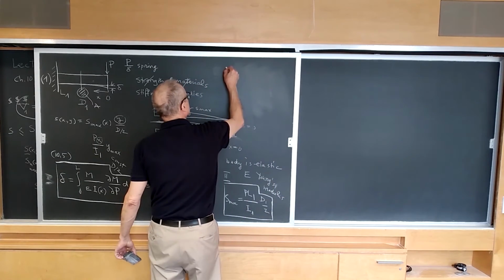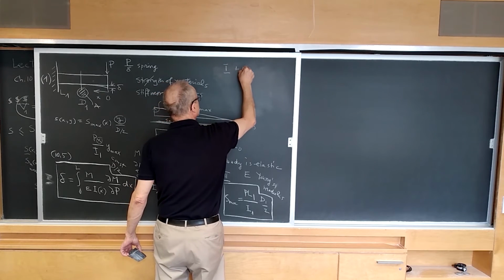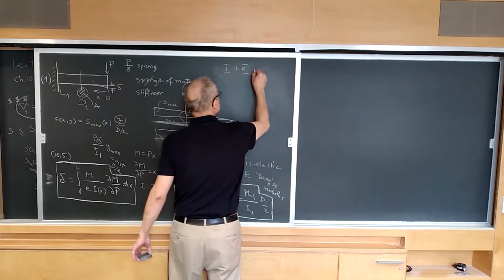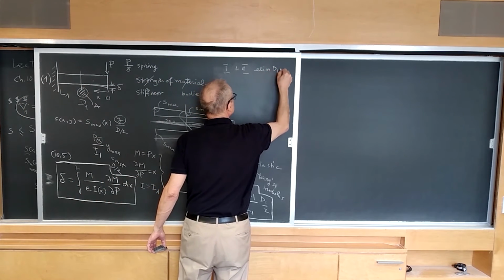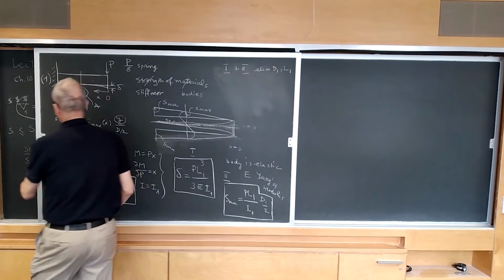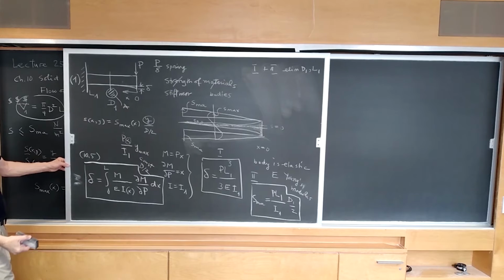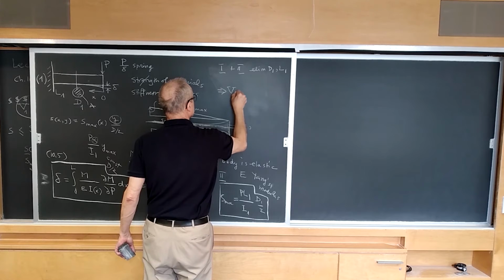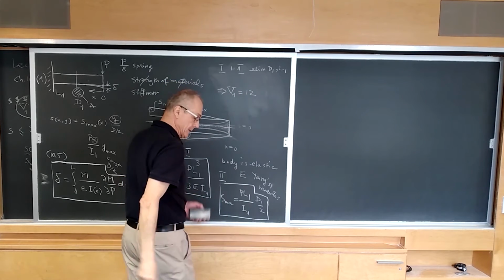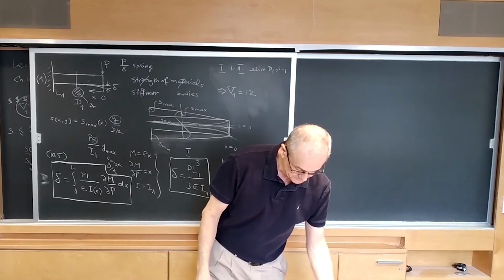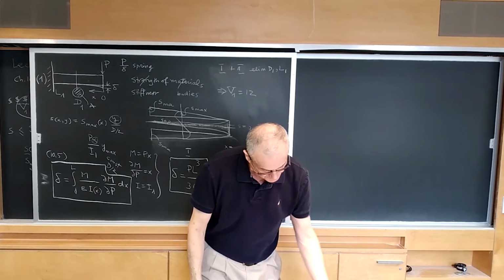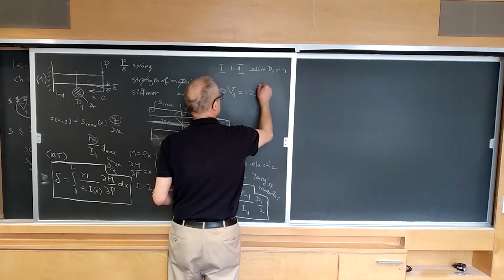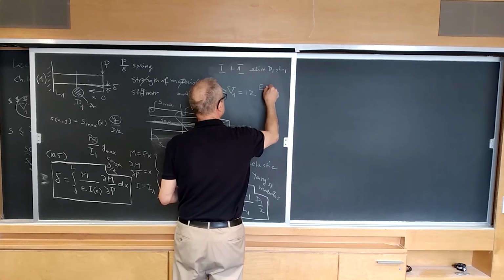So using 1 and 2 to eliminate D1 and L1 from this formula for volume V1, one obtains V1 equals 12, and then a group of quantities that altogether form a constant group.